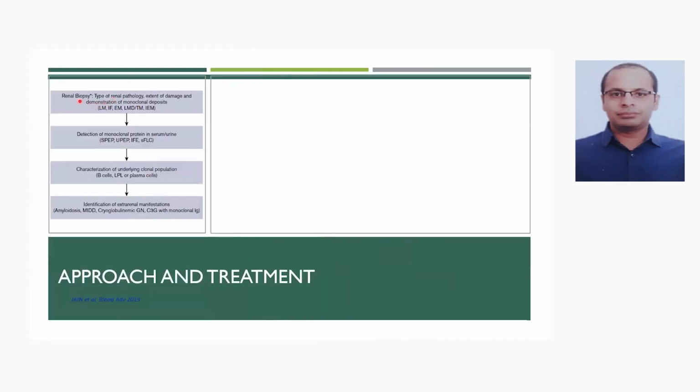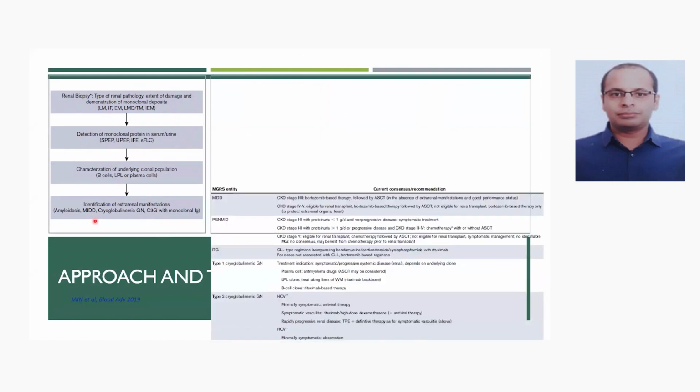So you do a renal biopsy in suspected cases, look for the type of renal pathology, extent of damage, and demonstrate the monoclonal proteins. Detect the other things in the blood and urine, characterize these clonal proteins, and look for other extrarenal manifestations.